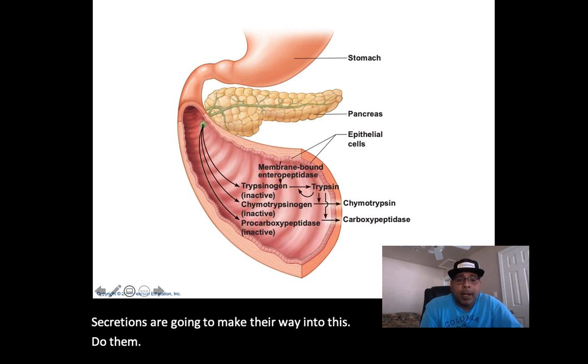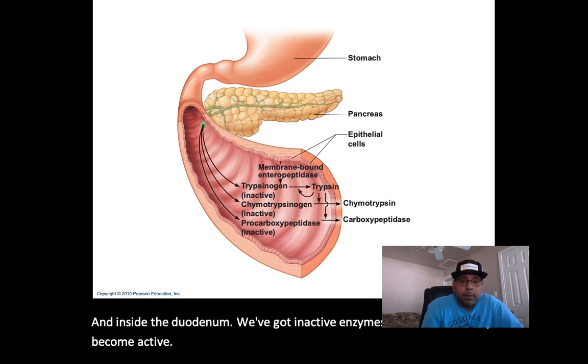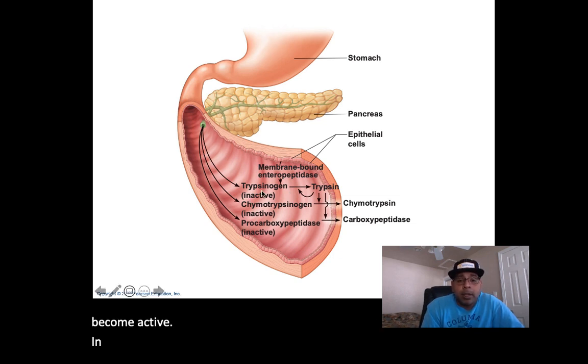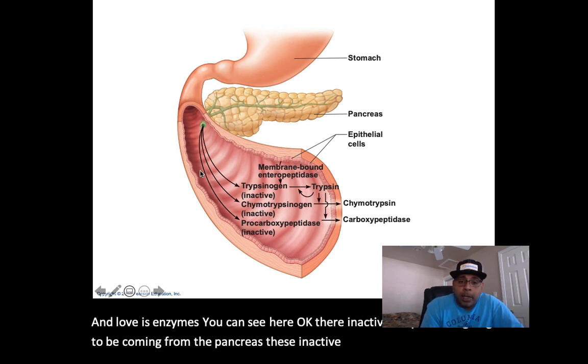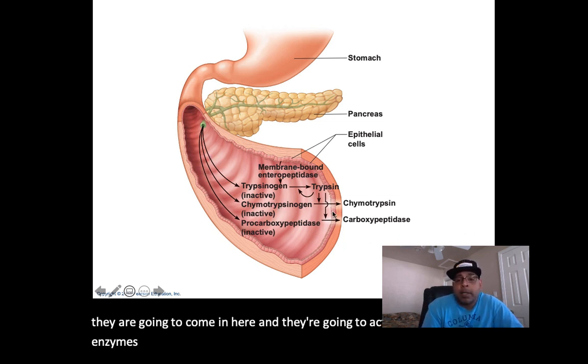And inside the duodenum, we've got inactive enzymes that will eventually become active. These inactive enzymes coming from the pancreas are going to activate further enzymes and assist basically with the rest of digestion.